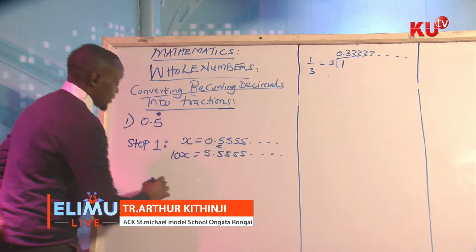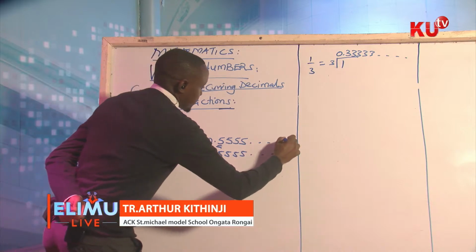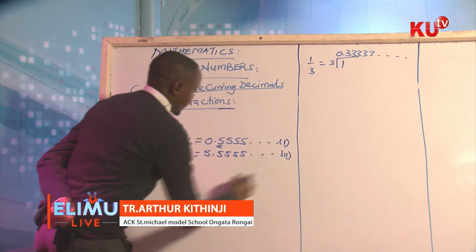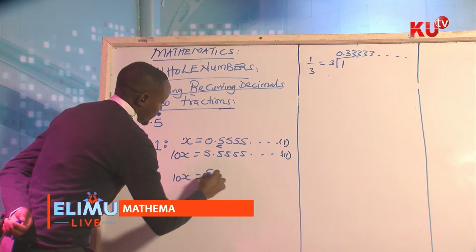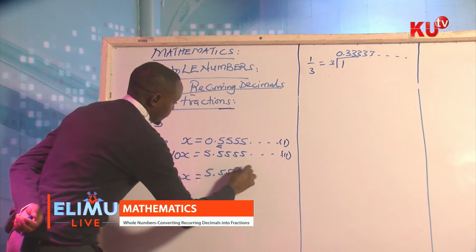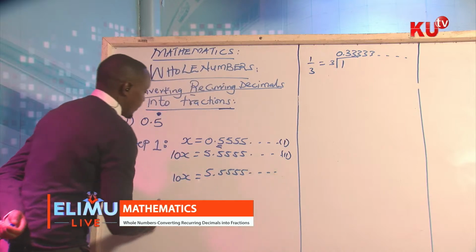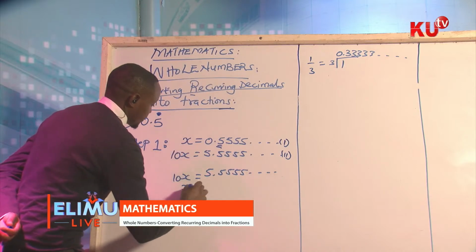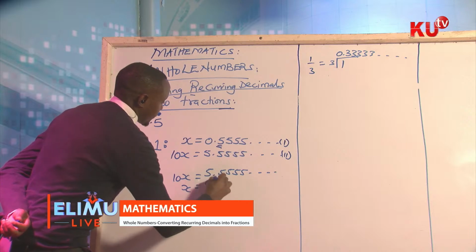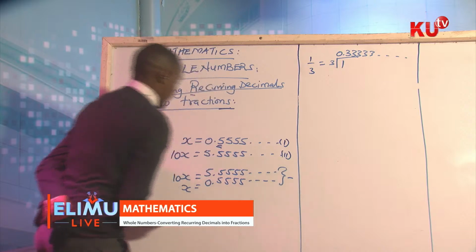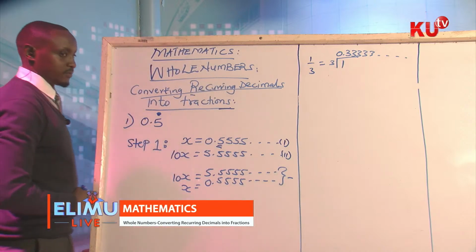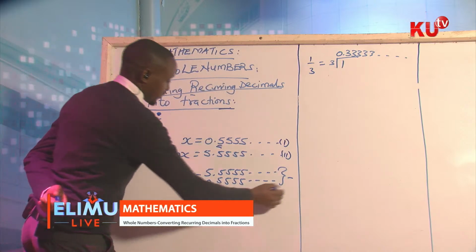And once you do that, pick the second equation, which is 10x equals 5.5555, and then subtract the first equation, which is x equals 0.5555, from it.